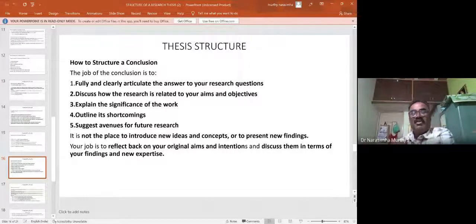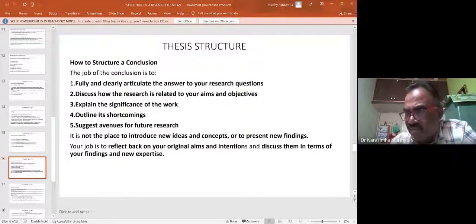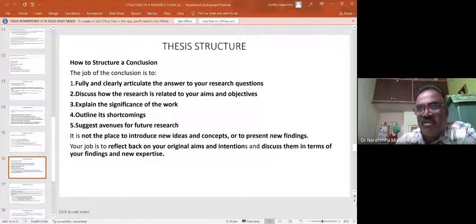How to structure a conclusion? See, conclusion is something very significant in any research writing process. It can be an article, it can be a book, or it can be a thesis.